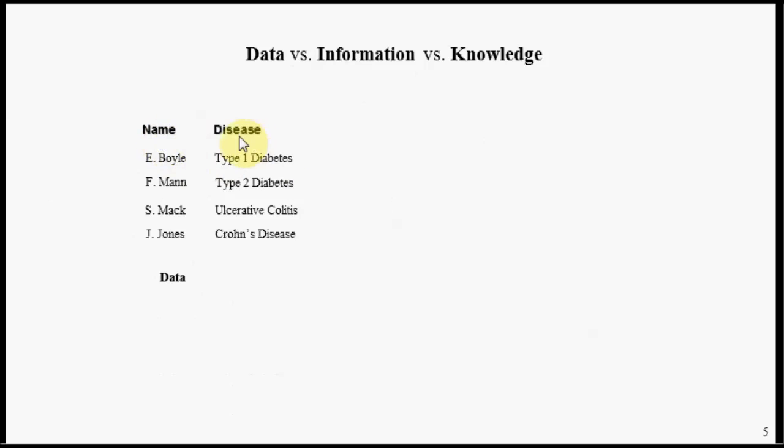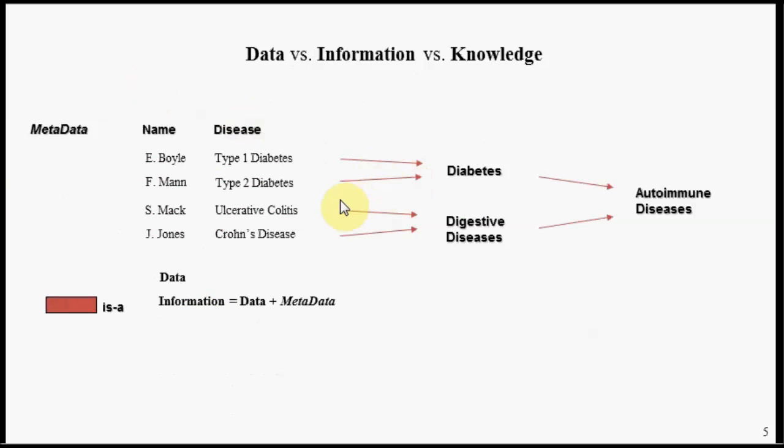Now, if I add column headers here, these column headers are what are known as metadata. So what we get is data plus metadata is our definition of information. Well, what if I put an overlay here, the following. We see type 1 and type 2 diabetes are specializations of this more general category of diabetes.